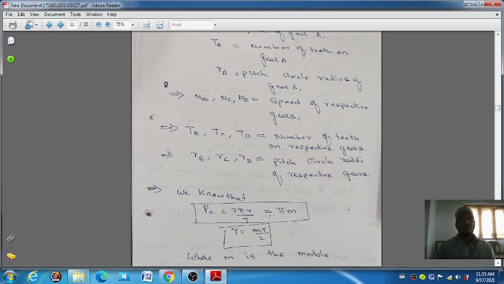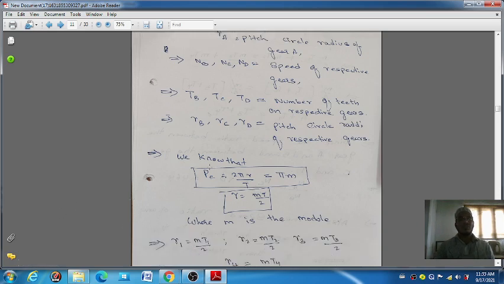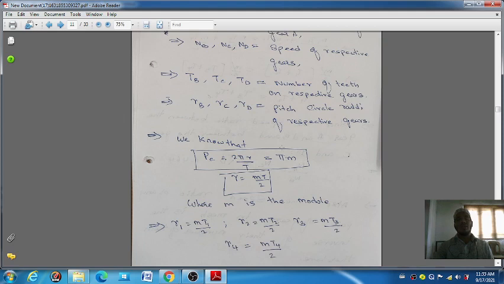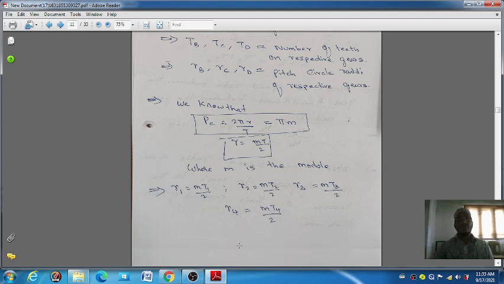So we are taking it in terms of PC. The circular pitch PC is equal to 2 pi r by T. Or else you can take pi into m, which is also a formula, so r is equal to mT by 2. For r1, r2, r3, r4 you will get the same formula.